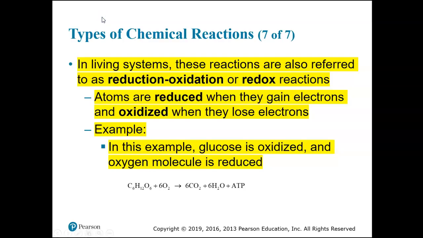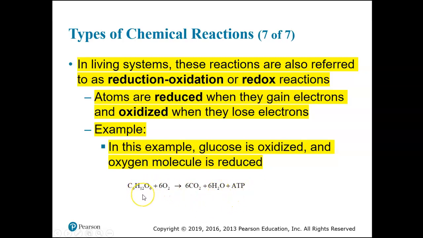So we also have redox reactions or oxidation reduction reactions. And that means that in these reactions, one of the reactants is reduced and one is oxidized. So if we look down here, this is a reaction that occurs in our cells to form ATP.